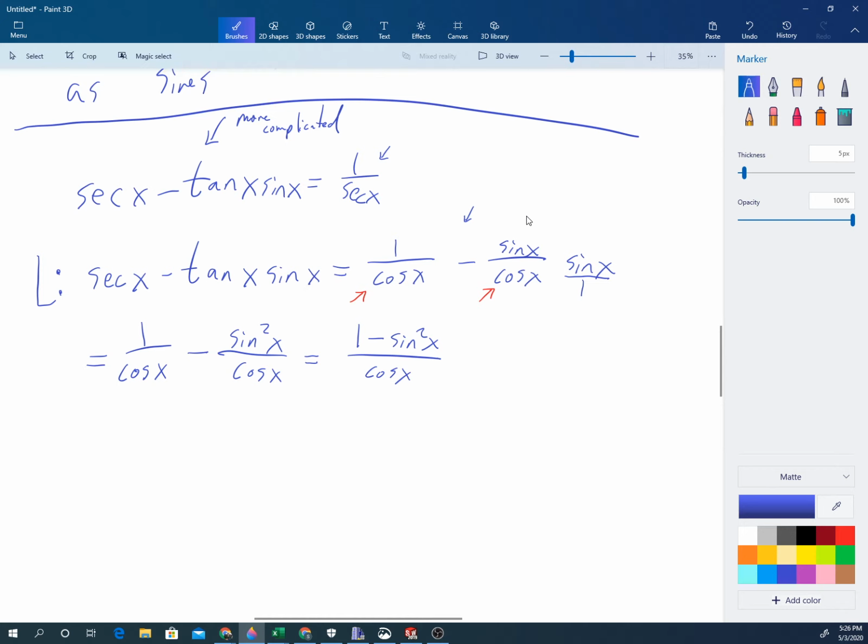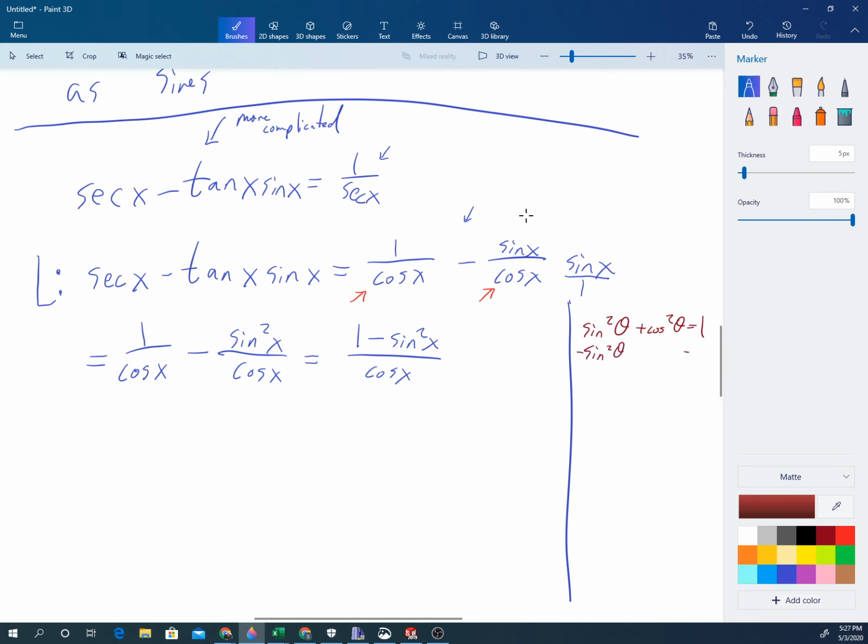Okay, now 1 minus sine squared. That looks to me like a Pythagorean identity, because remember we said that sine squared theta plus cosine squared theta is equal to 1. I could rearrange this.